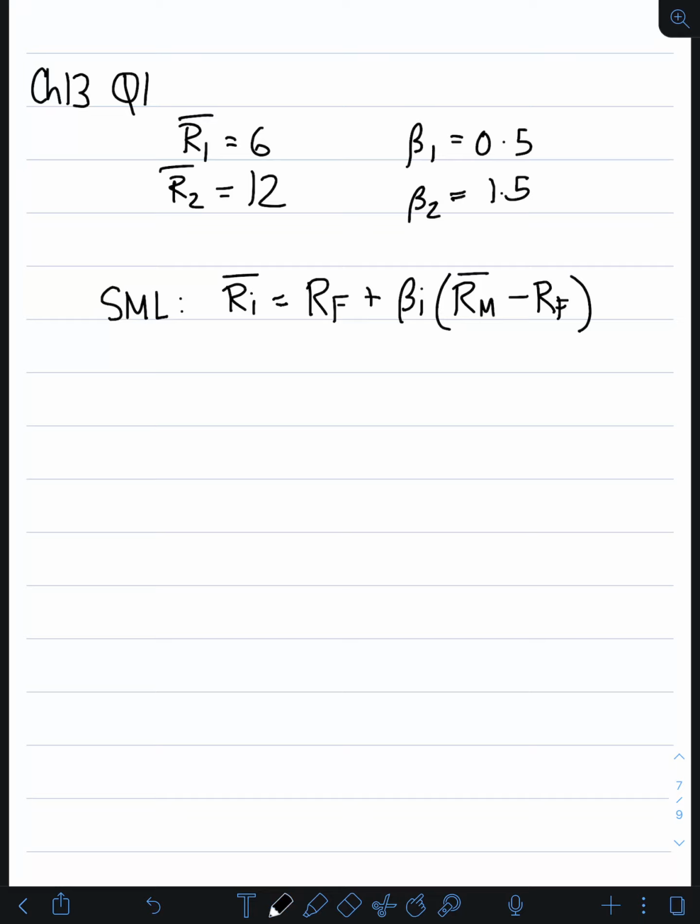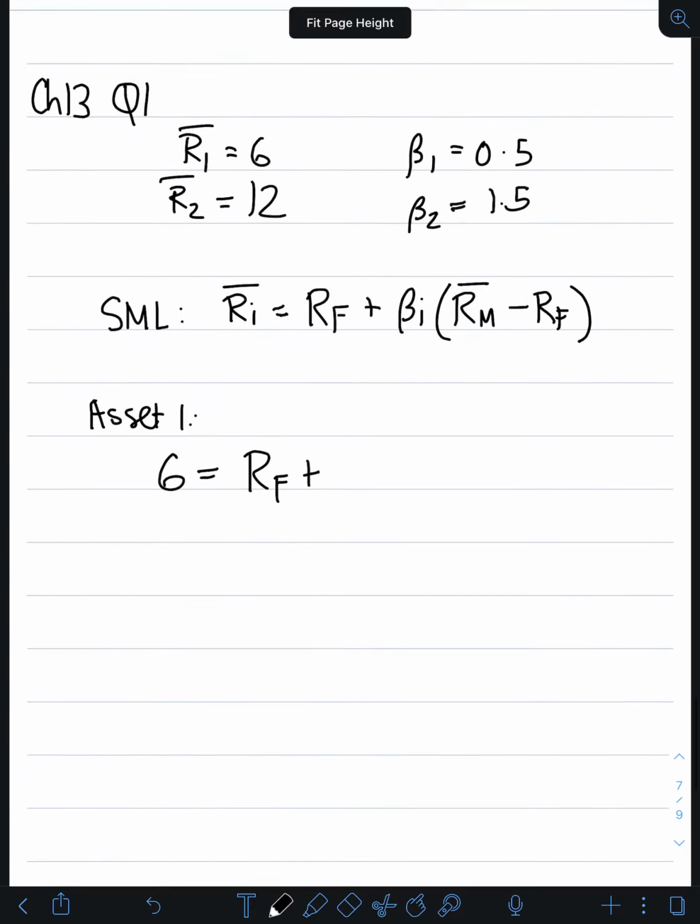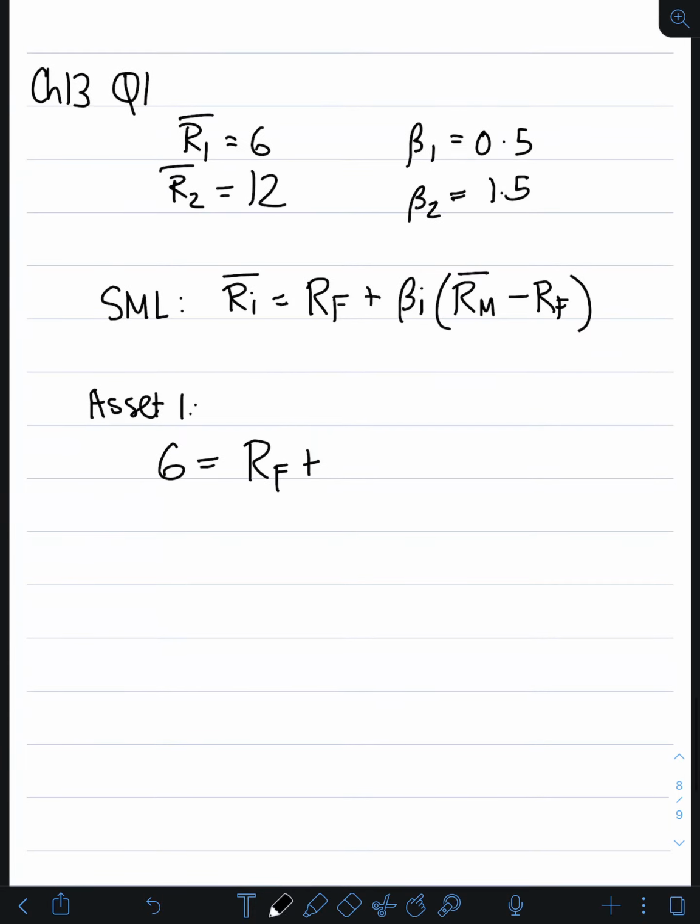Okay, so if we just write down for asset 1, what's the equation? We'd have 6 equals RF plus 0.5 times RM minus RF.